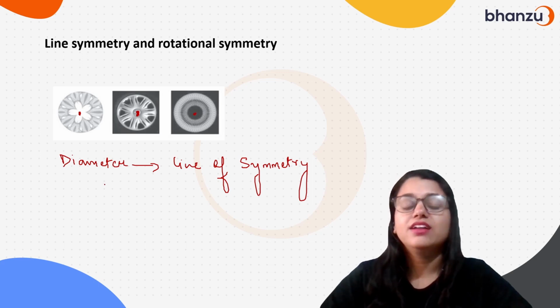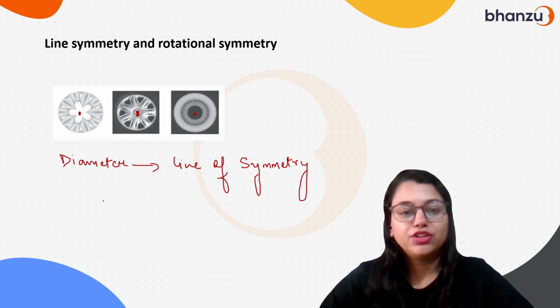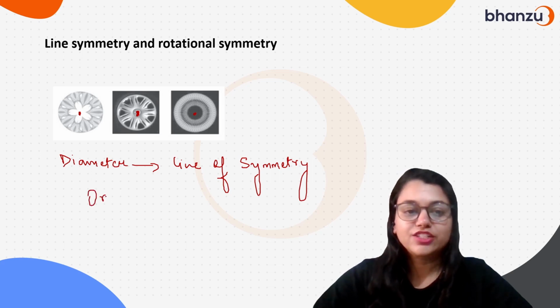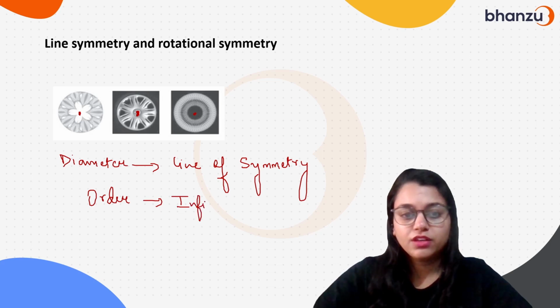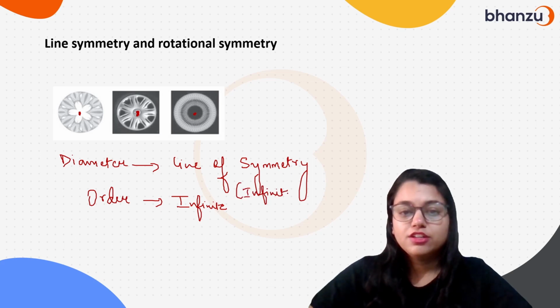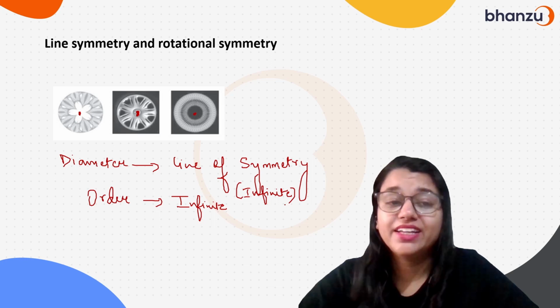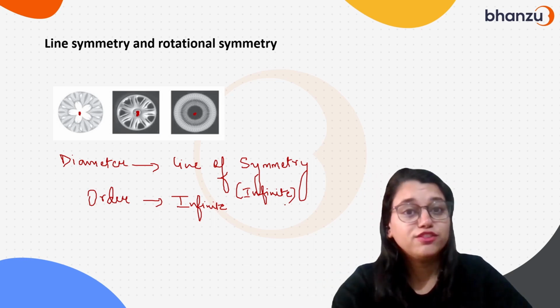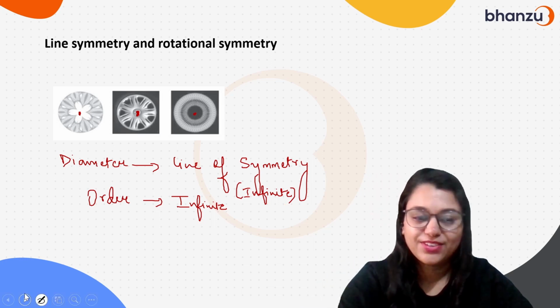So we can say that the order of rotational symmetry is also infinite in case of a circle. And we can draw infinite lines of symmetry also. Understood? So circle is the perfect example which possesses both line of symmetry and rotational symmetry.